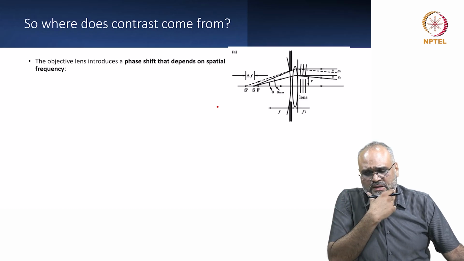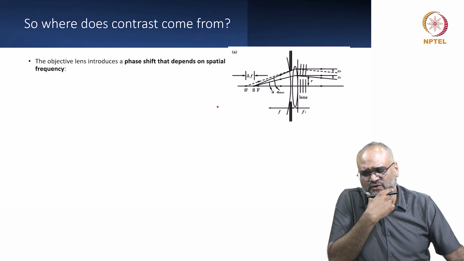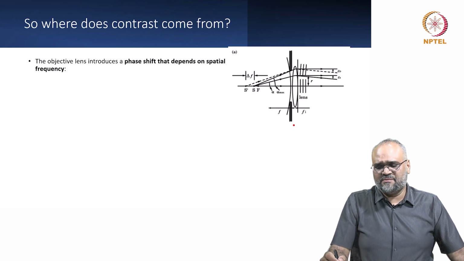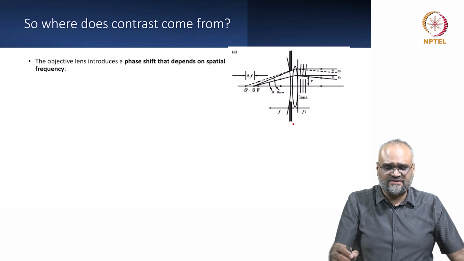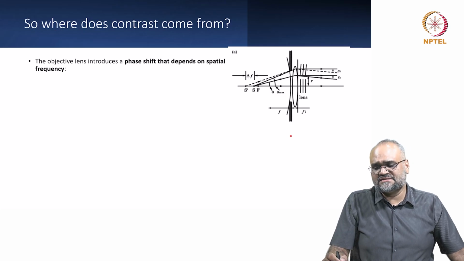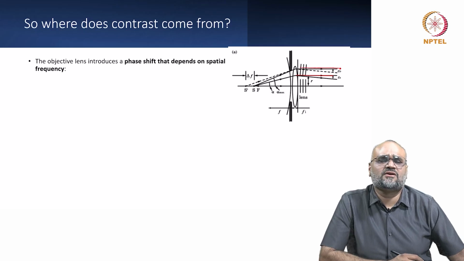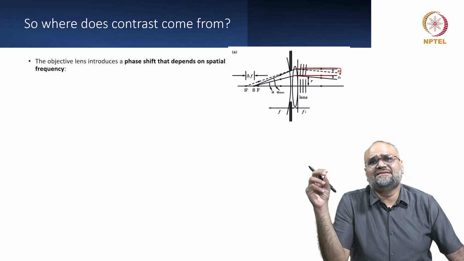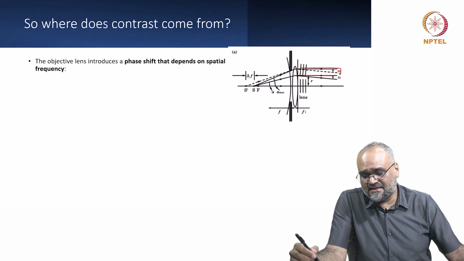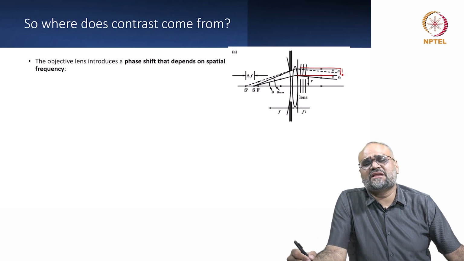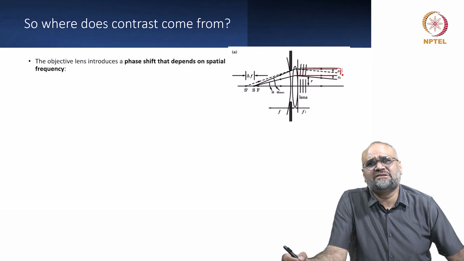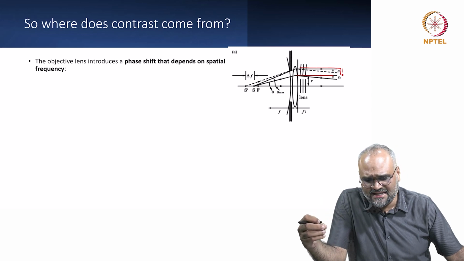If I look at the schematic shown here, if I have a lens like this and I am introducing some kind of a phase shift by changing the focus, you can see that the electron wave propagated through the lens has a certain phase shift, and the path difference here can be related in terms of the phase shift, and you can start modeling what kind of modulations the lens does.